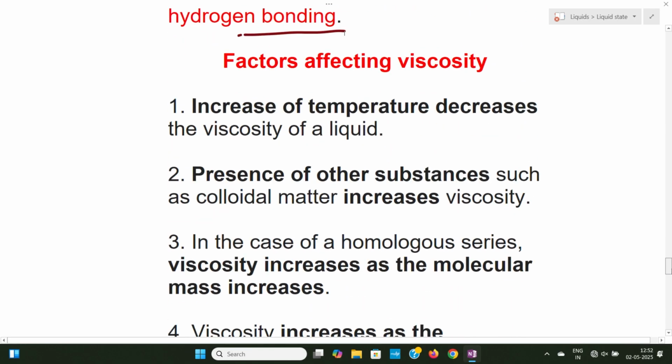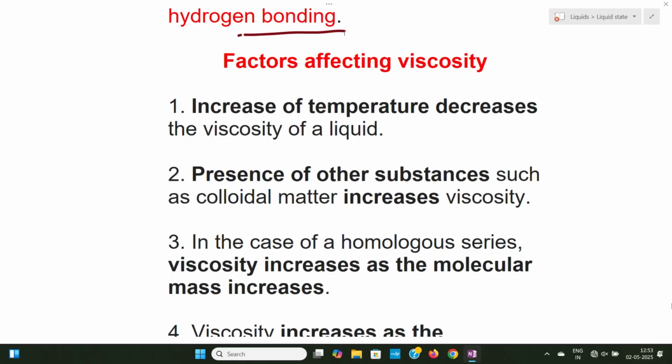Now, let us discuss the factors affecting viscosity. First factor is temperature: increasing the temperature decreases the viscosity. The second factor is that if we add some impurities to the liquid, the viscosity will be higher.